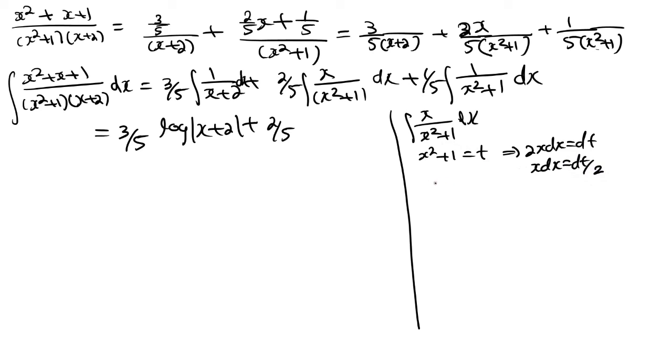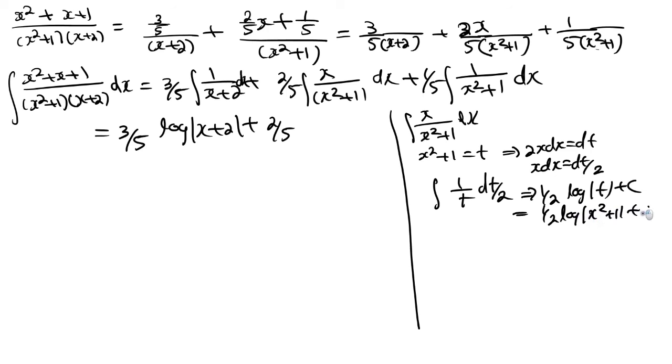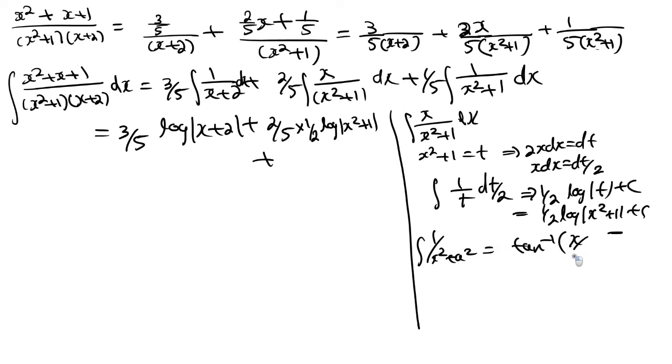So if you substitute, what will you get? Integration of 1 by t into dt by 2, it's equal to 1 by 2 into log of mod t, plus c. 1 by 2 into log of mod t is x square plus 1, plus c. So 2 by 5 into 1 by 2 into log of mod x square plus 1, plus, what is the integration of 1 by x square plus a square? It's equal to tan inverse of x divided by a.